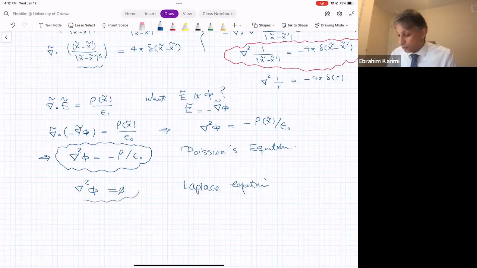So that's what we deal with, and they are very important. Laplace and Poisson equations are extremely important because they don't only show up in electrodynamics, they show up in other branches of physics. So it's very important to understand those equations because easily they can be extended to other branches. Okay, any questions so far?